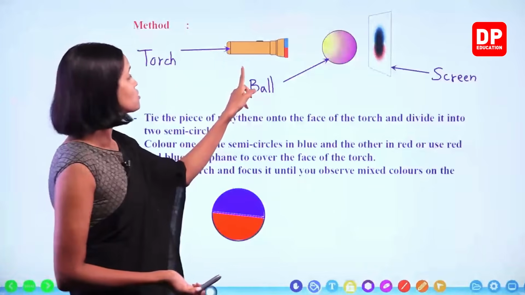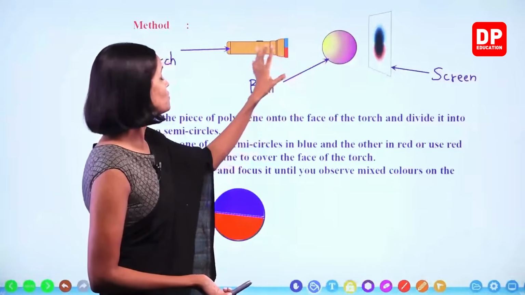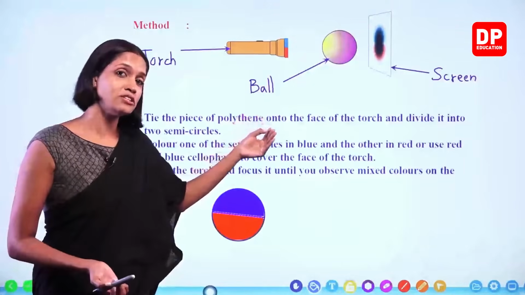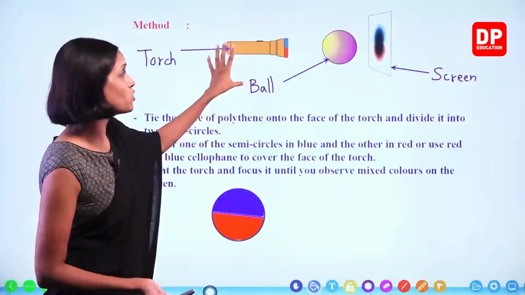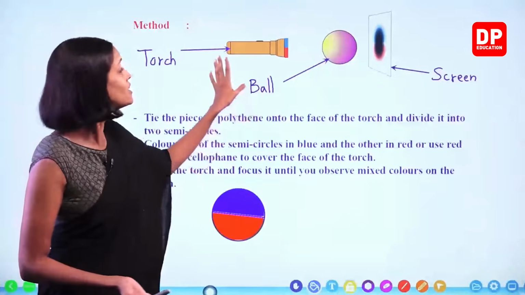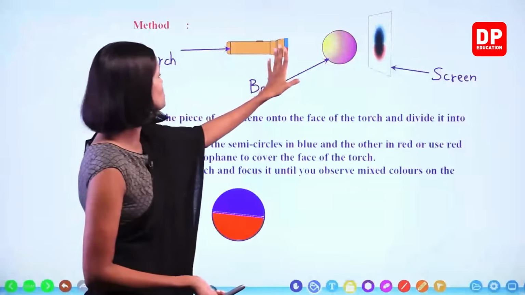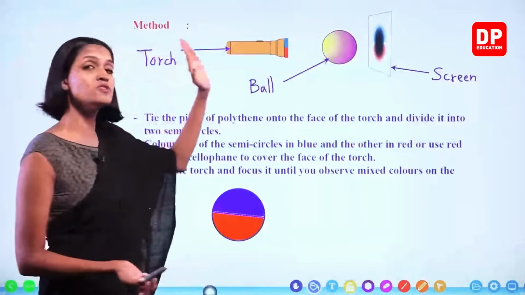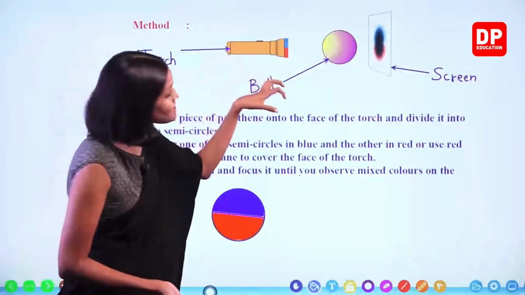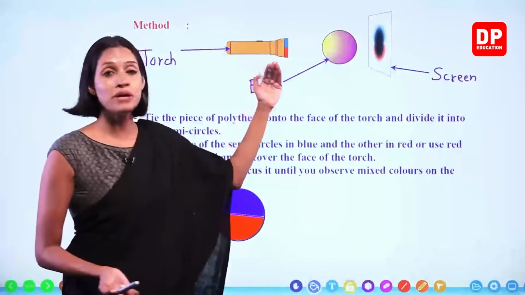So which means to do this activity, you have to obtain a penumbra. In the earlier activity, we learned that in order to obtain a sharp and clear umbra, you have to increase the distance between the ball and the torch, which means you have to take the torch away from the ball. But in this instance, we need to observe the penumbra.